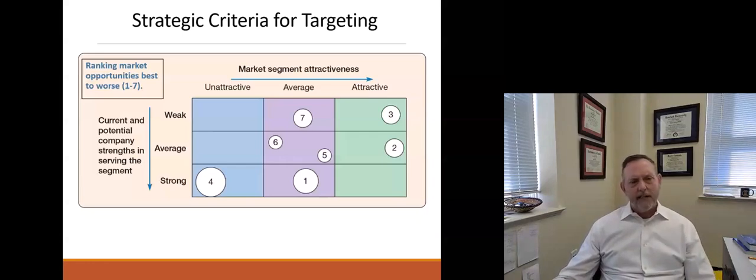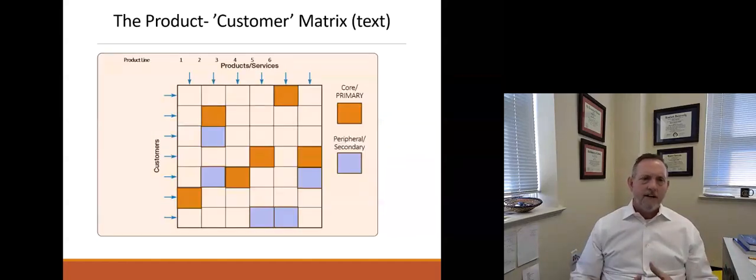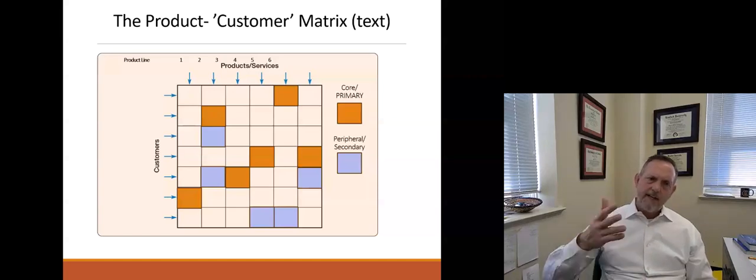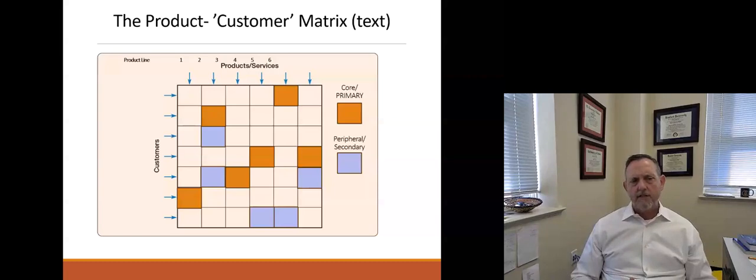The last application, and again, these are just some tools, illustrations on how you might visualize some of this, deals with a picture we've seen before. It's a product market matrix, if you will, or grid. The text offers you this illustration, but in the columns we have products and services, and in the rows we have different market segments.